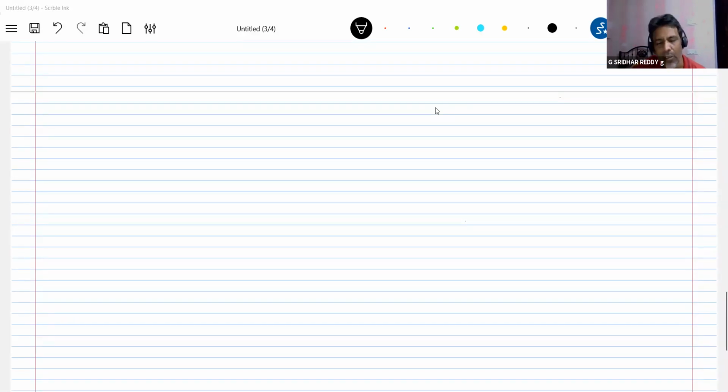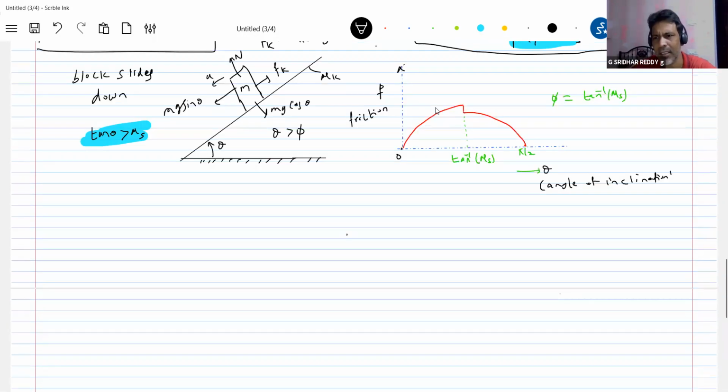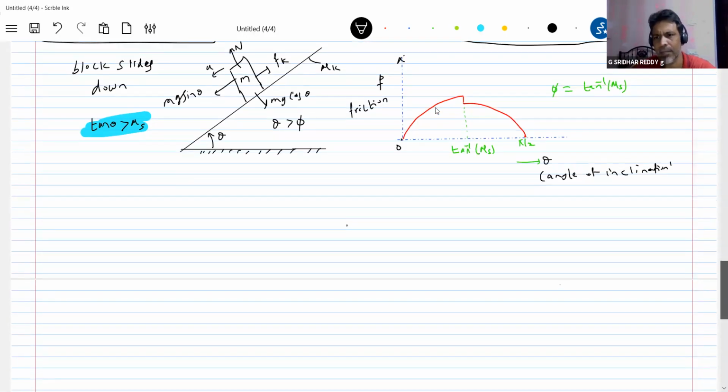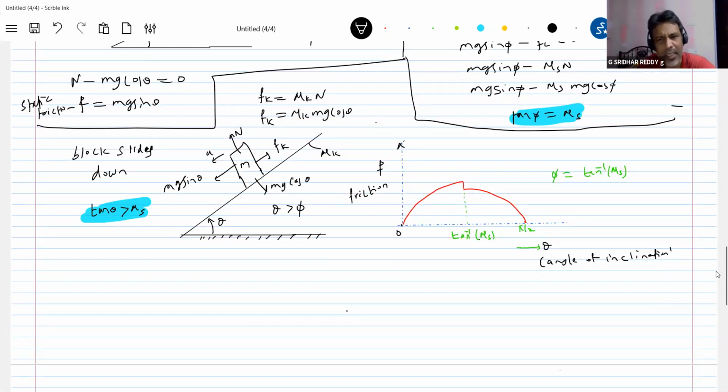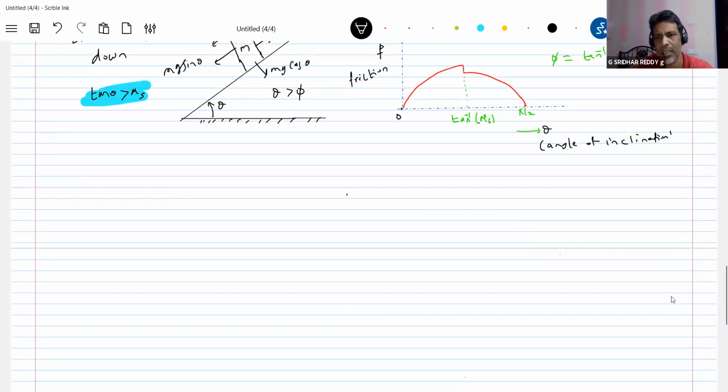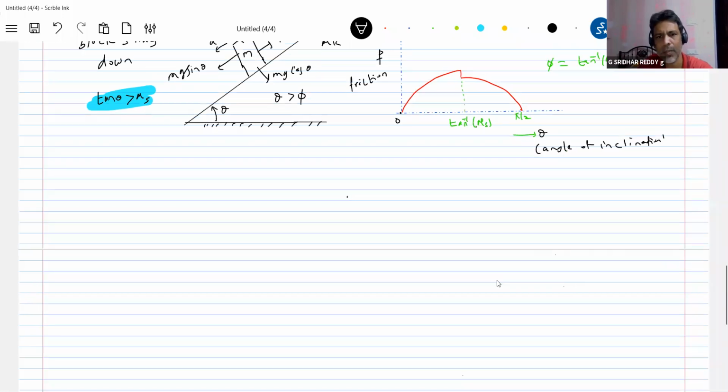We are going to vary the angle of inclination. Don't again say that by varying theta the mu s will change. I think there's a wrong observation; somebody is asking this one. It's a wrong observation. Sir, as you vary the angle of inclination, mu s will change? No, it's a mathematical equation: angle of repose equal to that much. You should not interpret it mathematically here.